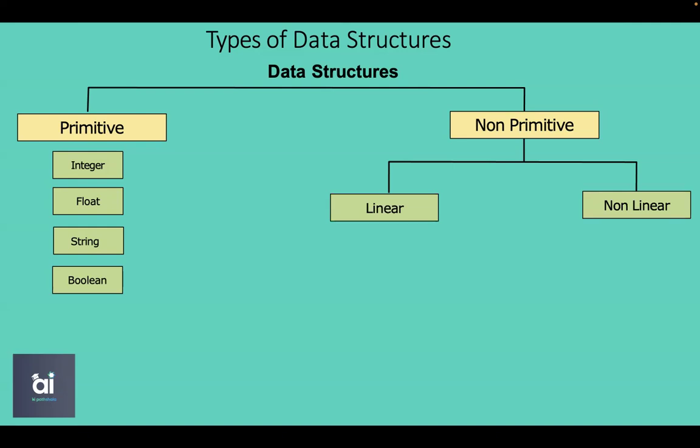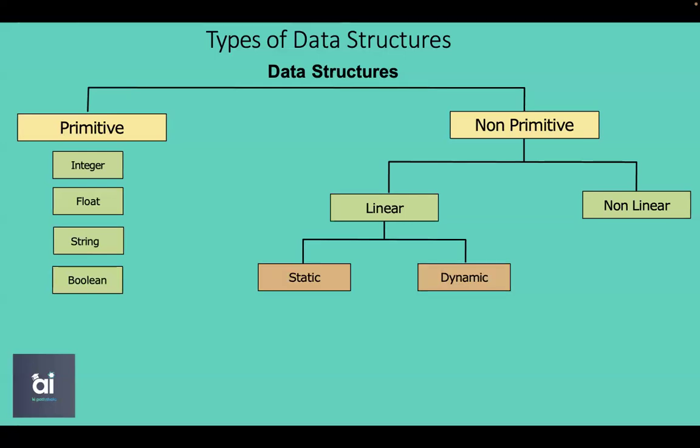Linear data structures are those in which the elements are arranged in a sequential order, with each element connected to its adjacent elements. These data structures are used to represent a sequence of data where the order of elements is important. Linear data structures are further divided into static and dynamic data structures.